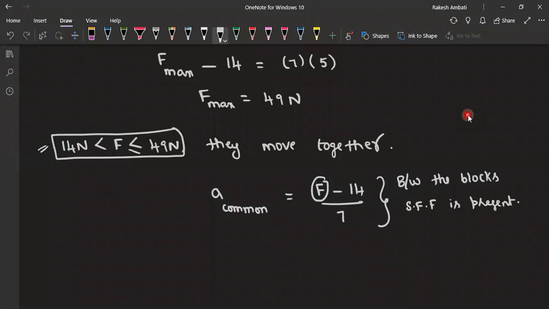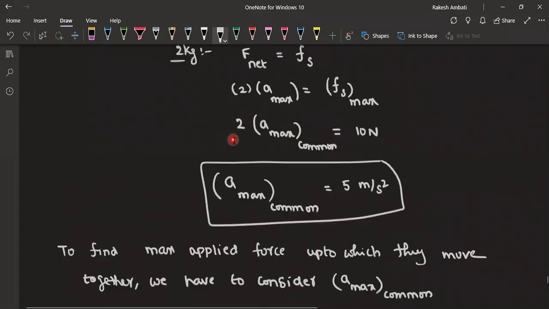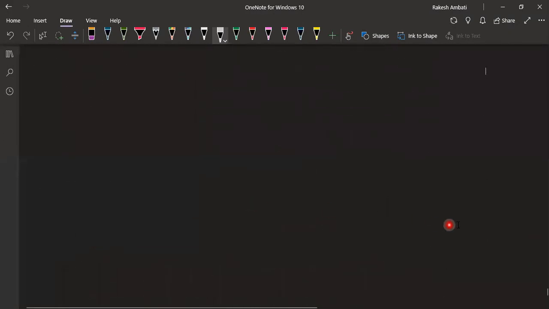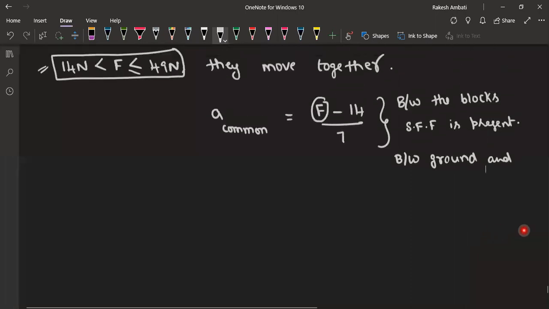But between the ground and the 5 kg block, kinetic frictional force is present.